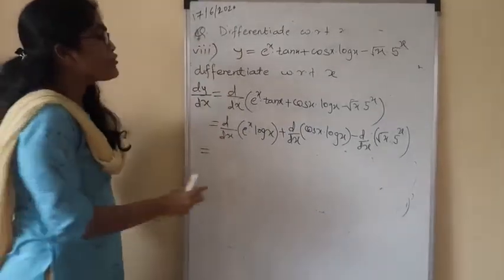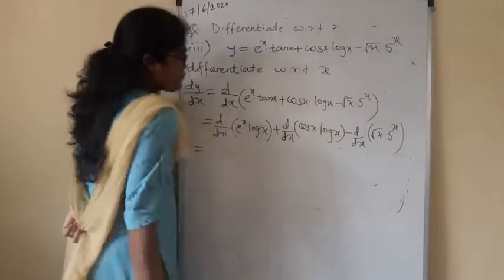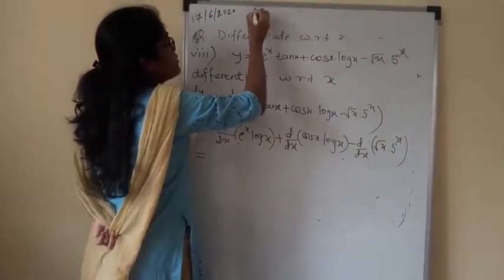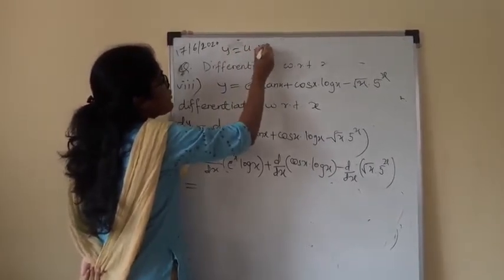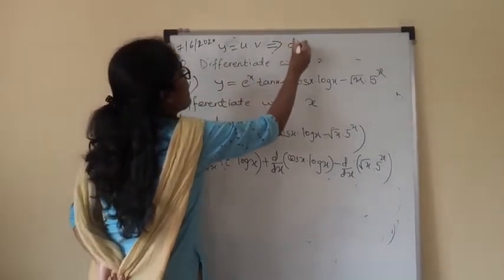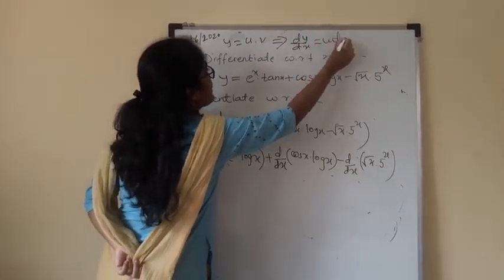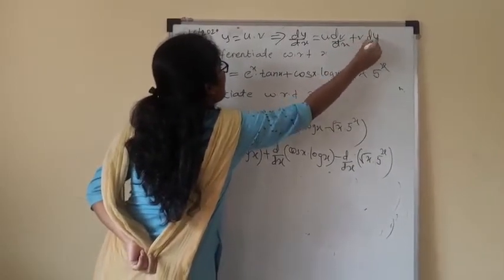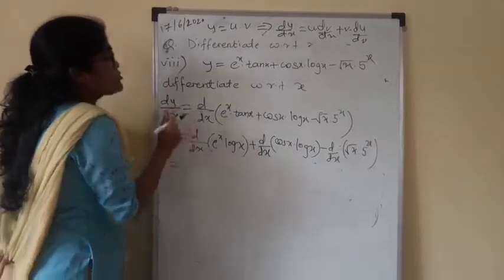So we are going to use the product rule here, here and also here. So we know that now. What is our product rule? I will write here. If y is equal to u into v, then dy by dx is u into dv by dx plus v into du by dx. So we are going to use our product rule.